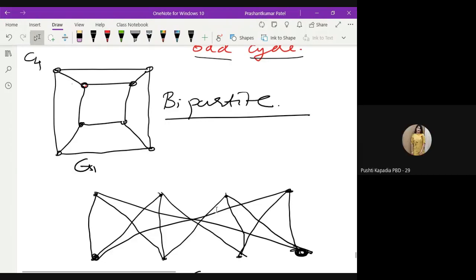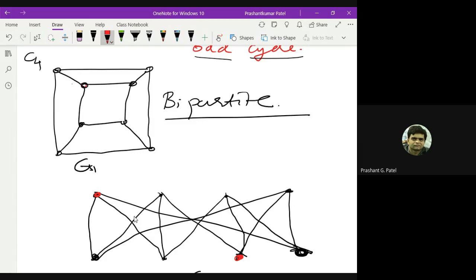Excuse me, sir, can we call G2 a complete bipartite graph? It is not a complete bipartite graph. Why? Because this vertex is not connected to this vertex, so that's why it is not a complete bipartite graph.